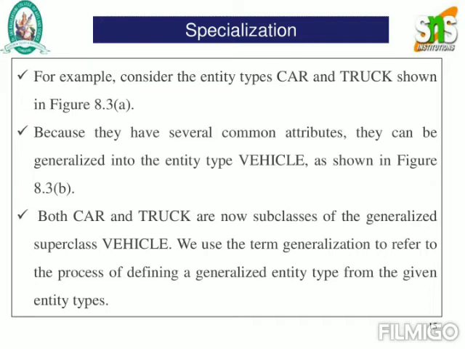Here the vehicle is the superclass, and the car and truck are called derived classes. Both car and truck are now subclasses of the generalized superclass called vehicle. We use the term generalization to refer to the process of defining a generalized entity type from the given entity types.